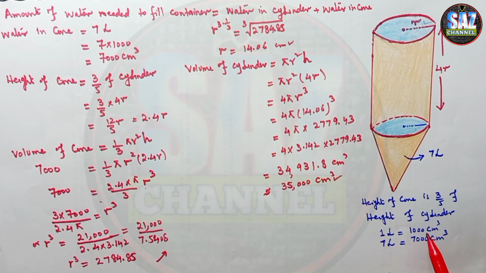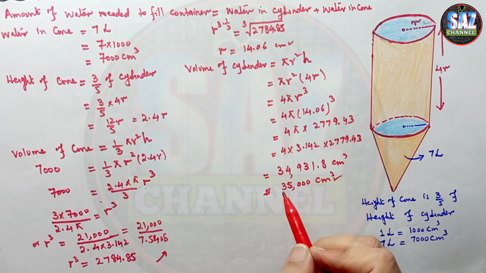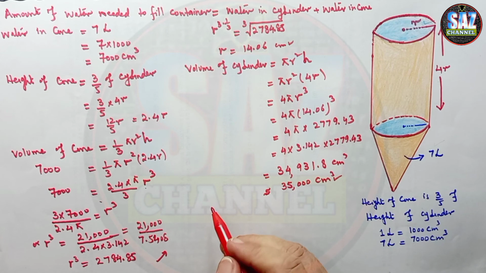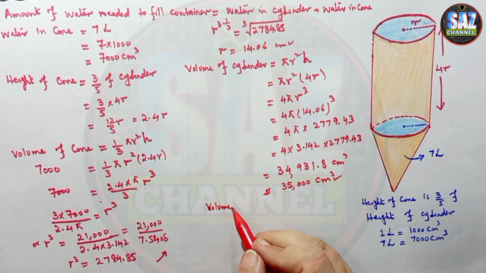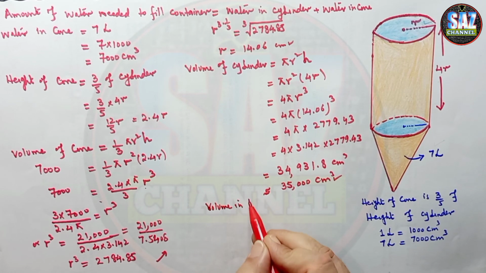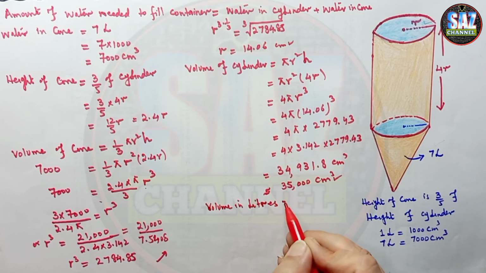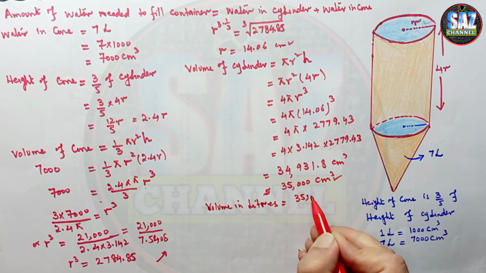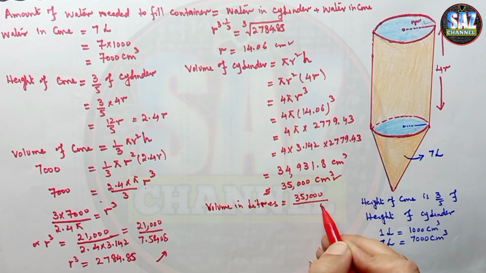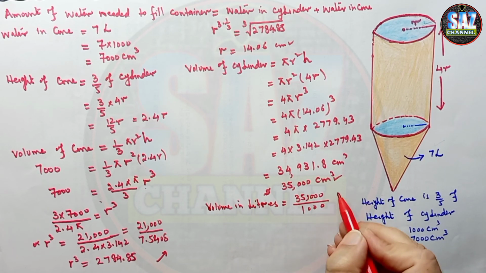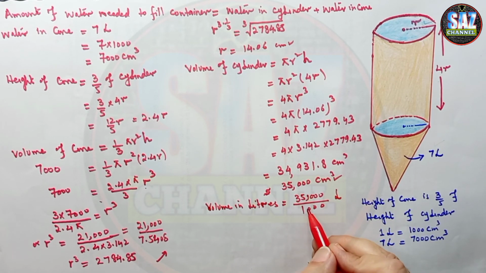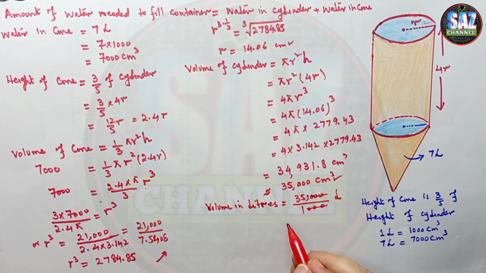So in order to turn this centimeter cube to liters, I have to divide this value by 1000. These 3 zeros can go with these 3 zeros, and 35 liters.